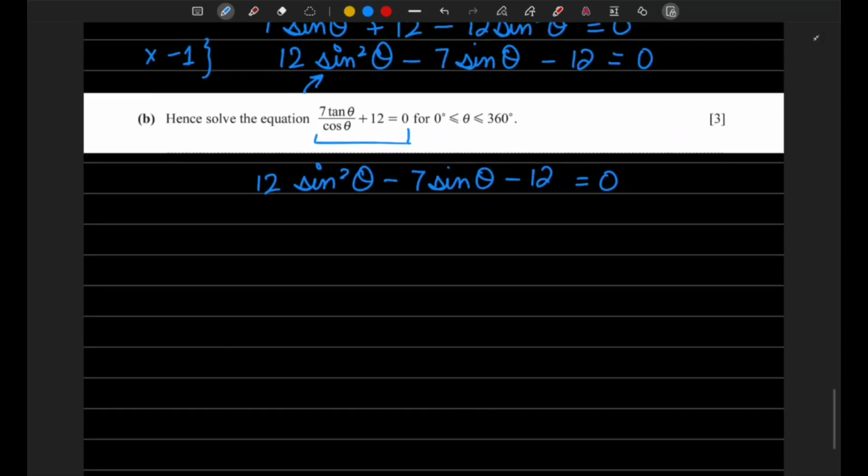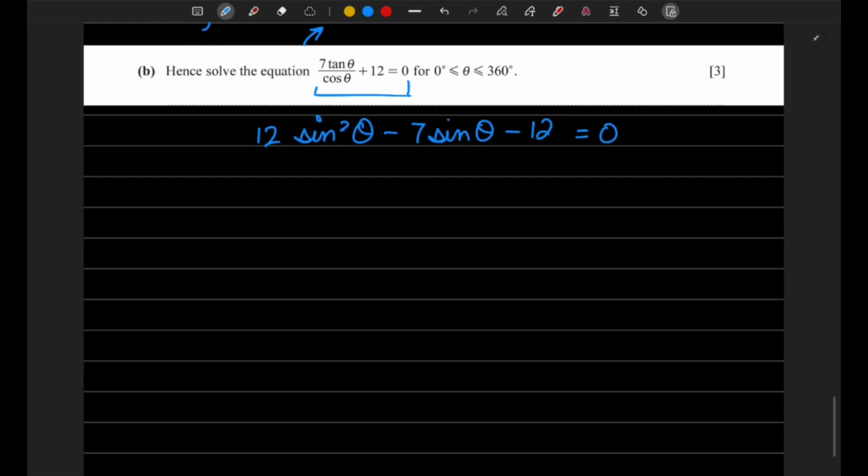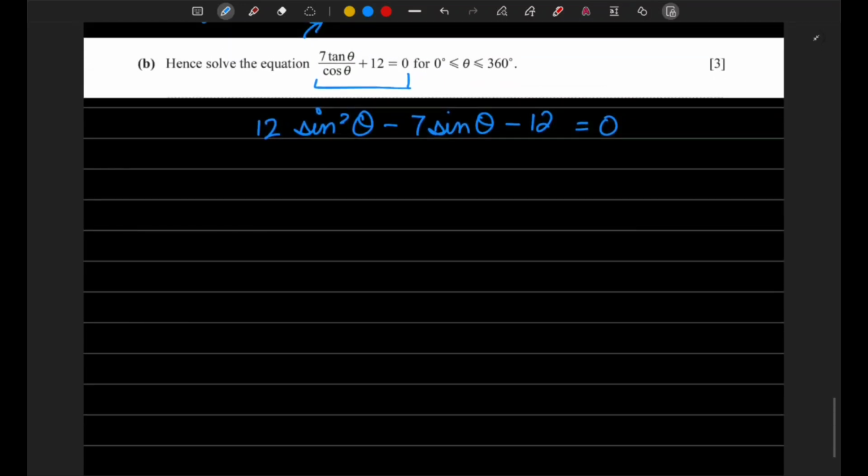12 sine square theta, minus 7 sine theta, minus 12. Fine. So we need two factors that when multiplied give the product of the outer two terms, that is 144, and when added give minus 7. Which two numbers are like this? It will be minus 16 sine theta plus 9 sine theta.